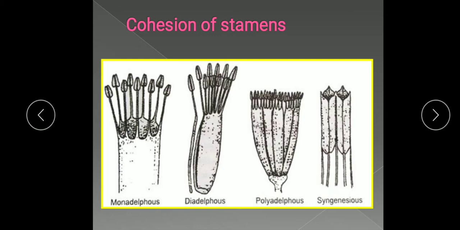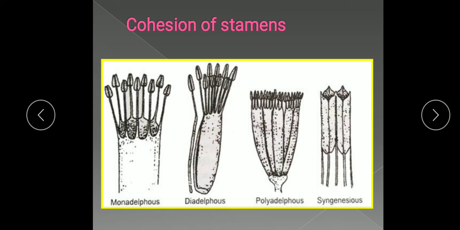The next condition is diadelphous. Here also the filaments are united, but they are united into two bundles. You can see this is one bundle, and this is the other bundle. But the anthers remain free here also. Here only one group is formed, whereas here two groups are formed.